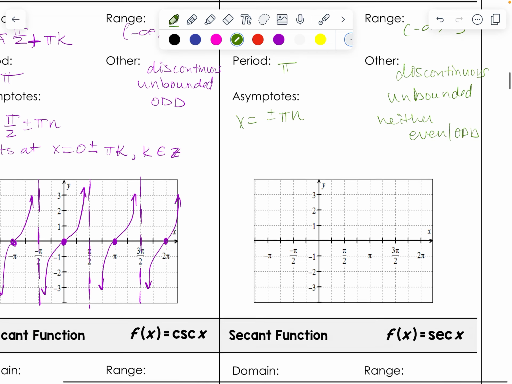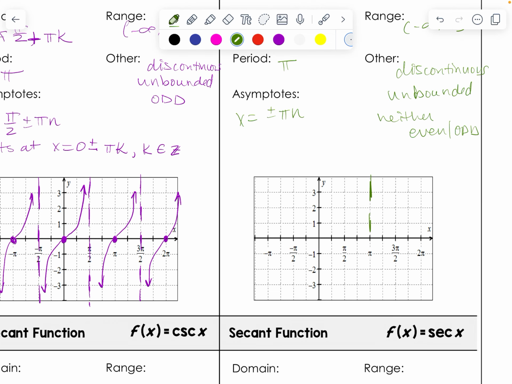So we have asymptotes at every pi, so 1 pi, 2 pi, 0 pi, and negative pi. And in the middle of those, exactly in the middle, we have our intercepts. And this time, instead of going up and to the right, they go up and to the left, down and to the right.